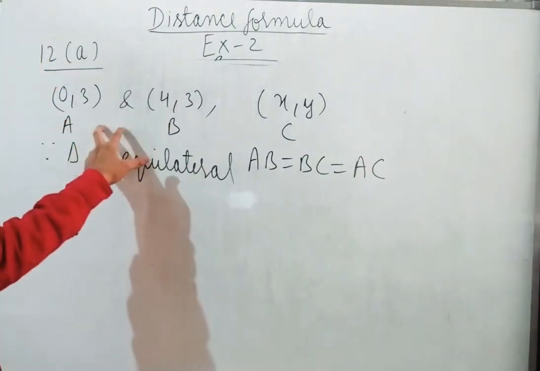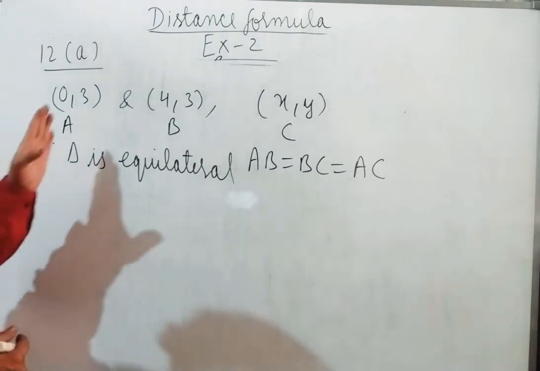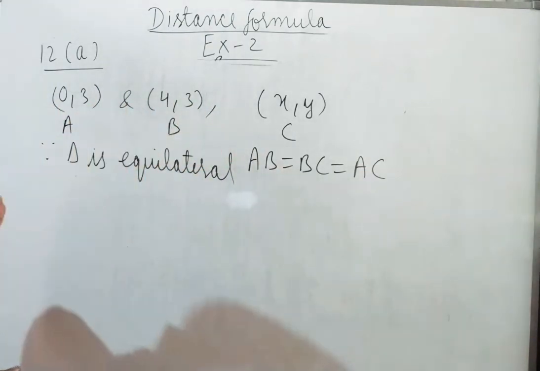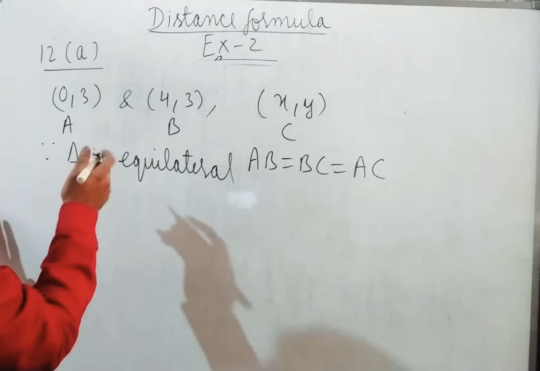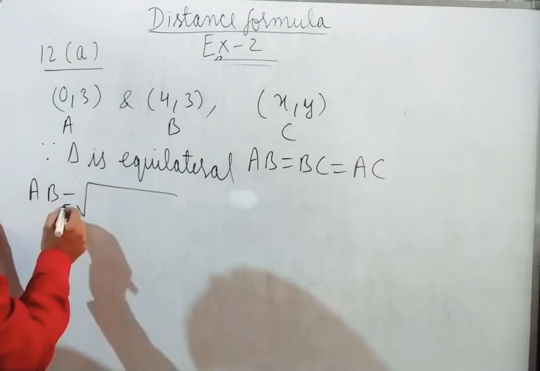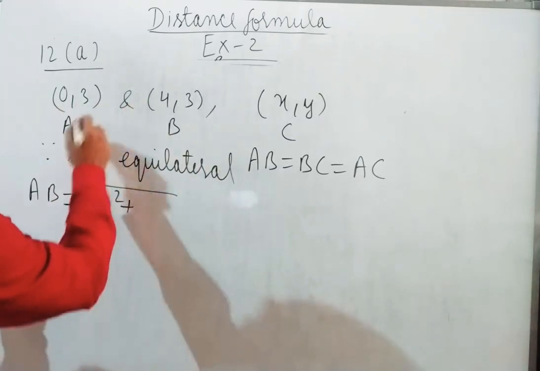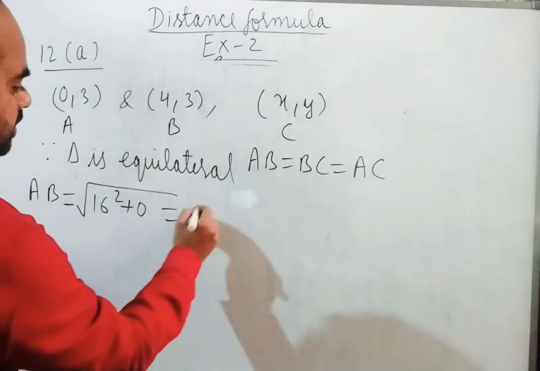So first we are finding AB, or we can find AC and BC, whatever. So find all the distances. AB will be 0 minus 4, that is 16, plus 3 minus 3, 0, so that is 4 units.